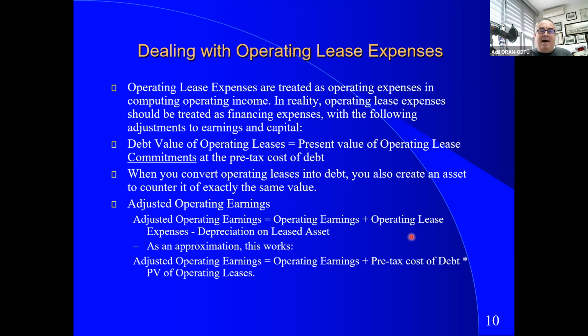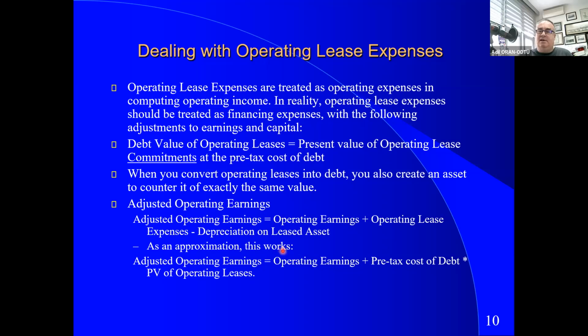So we add back operating lease expenses, but we deduct the depreciation that you would have had on the leased asset, which is created. When you include the value of the debt and create a leased asset, that leased asset needs to be depreciated. So you add the lease payments back onto EBIT, but you deduct the depreciation you would be experiencing on those leased assets.